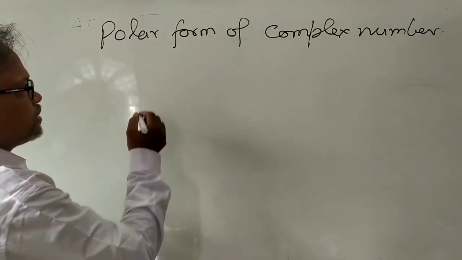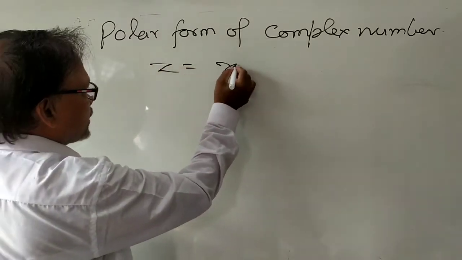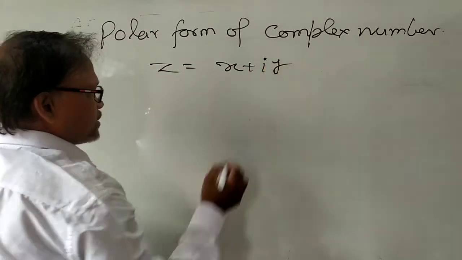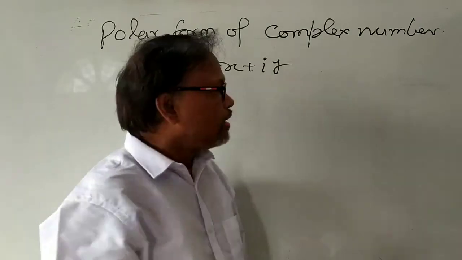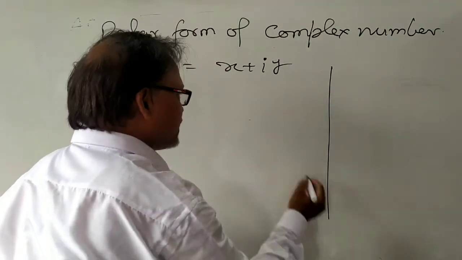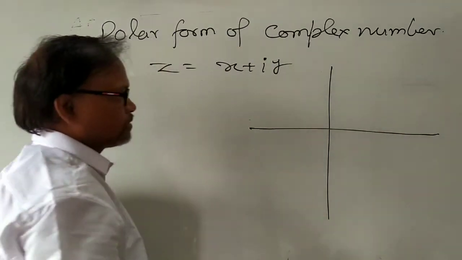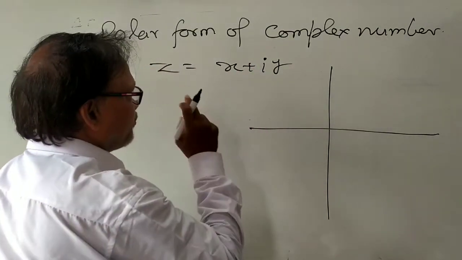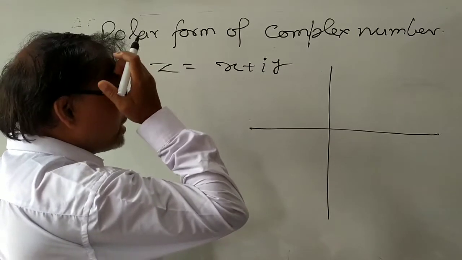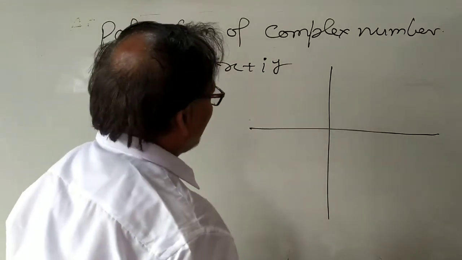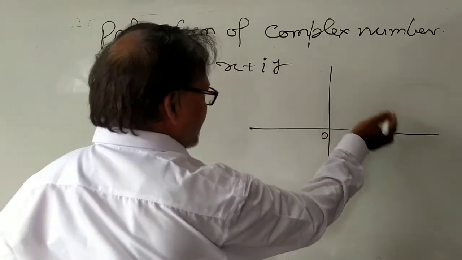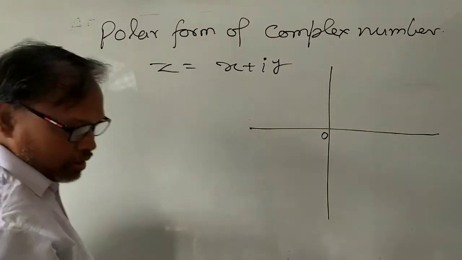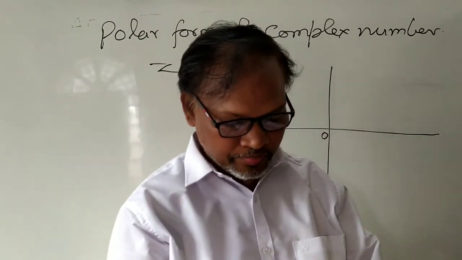As you know, z is x plus iy. This is the complex number. And if you want to represent it on the Argand plane, on the graph paper, for x comma y you can represent. But what is the angle from the origin, from the x-axis? How will you know the angle?